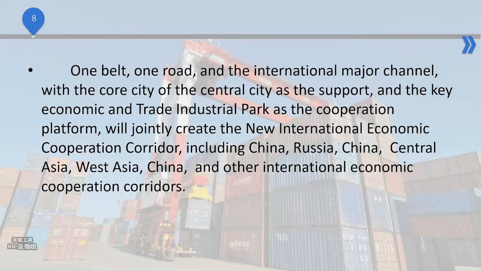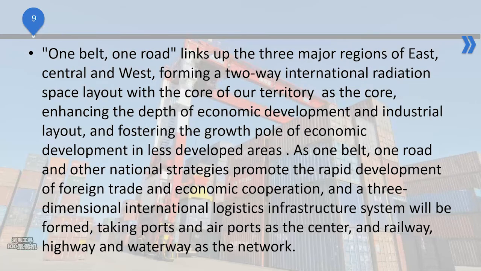One Belt, One Road is an international major channel with core cities as support and economic and trade industrial parks as the cooperation platform, which will jointly create new international economic cooperation corridors, including China-Russia, China-Central Asia, China-West Asia, and other international economic cooperation corridors.